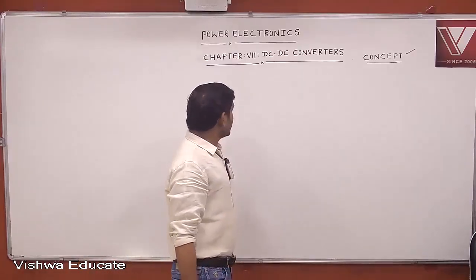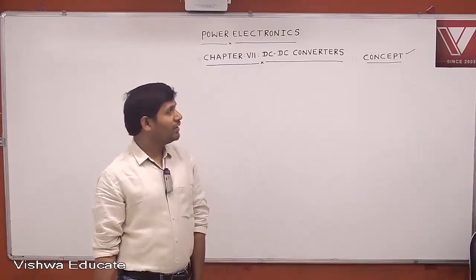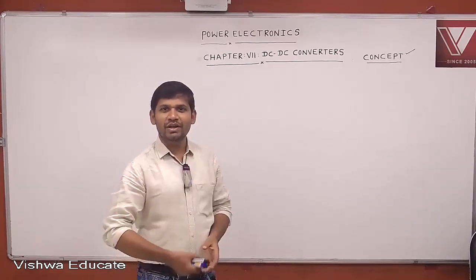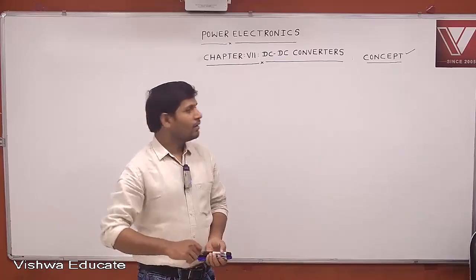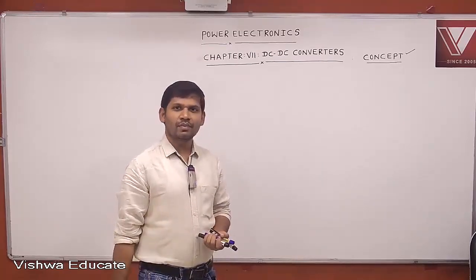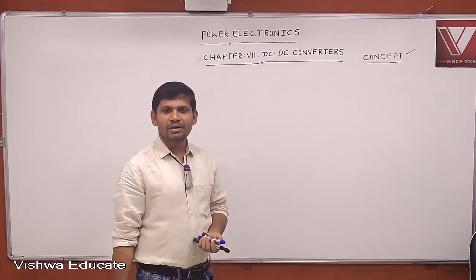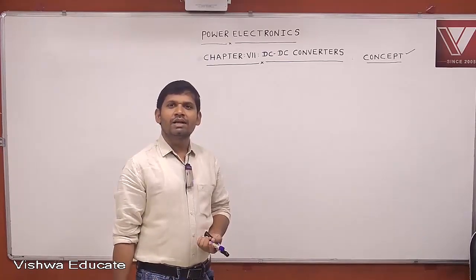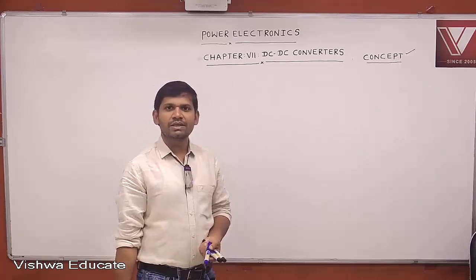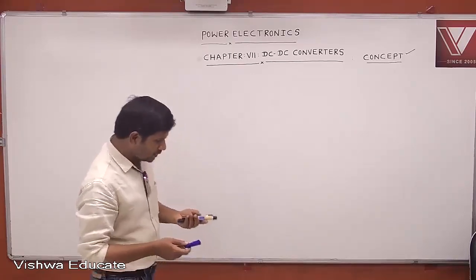With respect to DC to DC converters, before starting the types of choppers based on commutation, first I want to discuss one small basic concept, that is the concept of LC circuit or tank circuit.